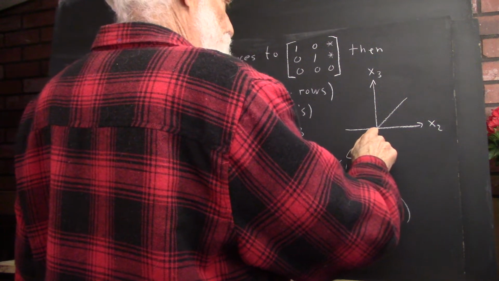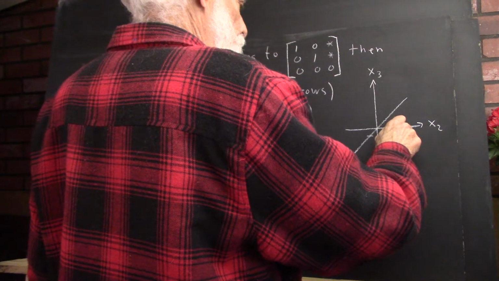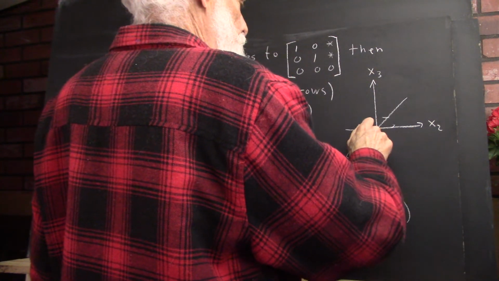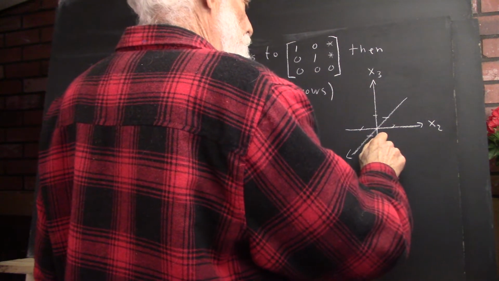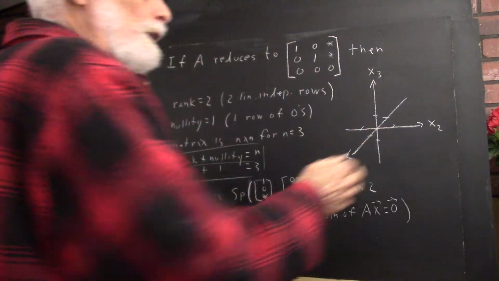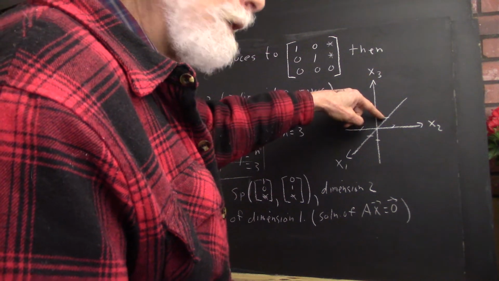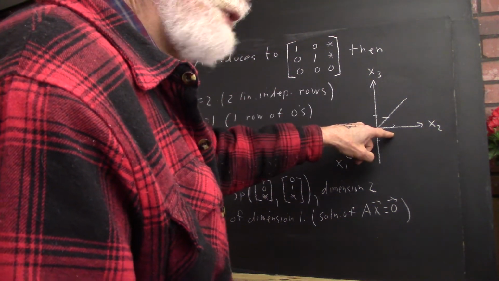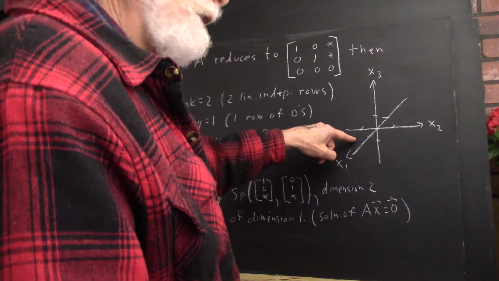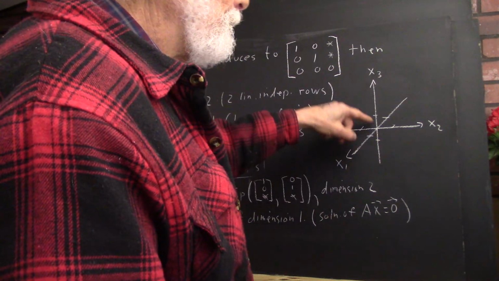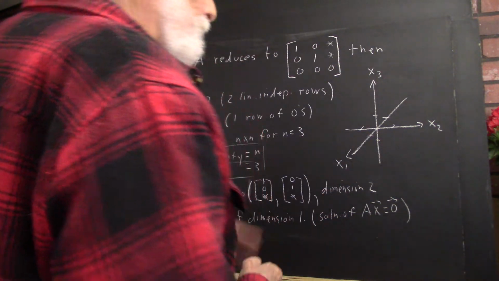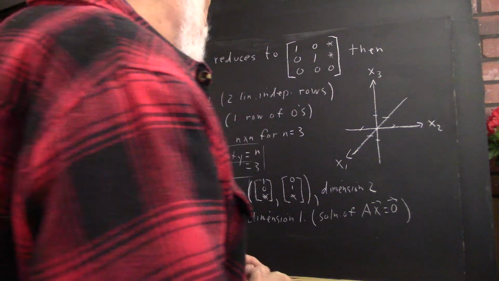I'm going to draw points here, here, here, here, here, and here on the axes to indicate unit distances. So this is the point 1, 0, 0, negative 1, 0, 0, 0, 1, 0, 0, negative 1, 0, 0, 0, negative 1, 0, 0, 1. Okay, the unit points on the axes.